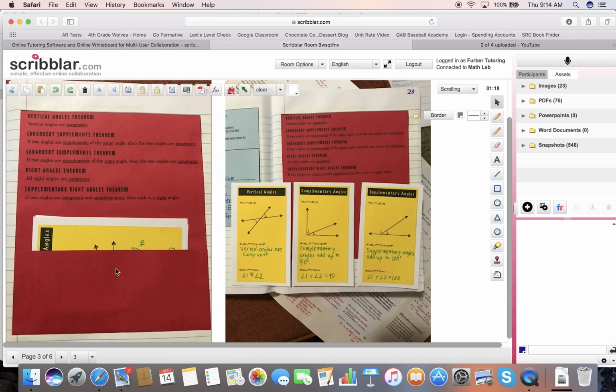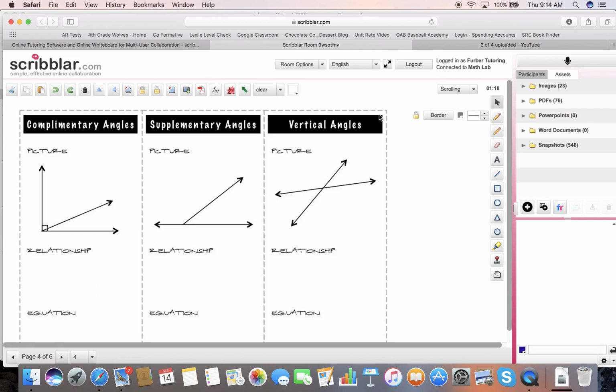But I want to talk about these note cards that are going to be inside this pocket when you get it. These note cards are going to go into more detail about vertical angles, complementary angles, and supplementary angles. And on the back of the note cards, which I didn't take a picture of, you're going to see what kinds of problems you're going to be expected to do with these, okay? So let's go ahead and pause there, and then in the next video we'll go into more detail about these.